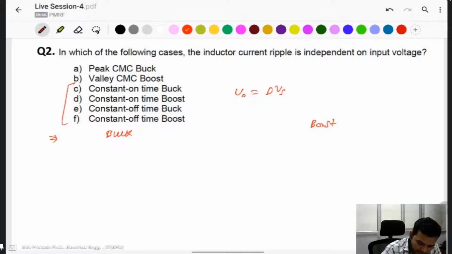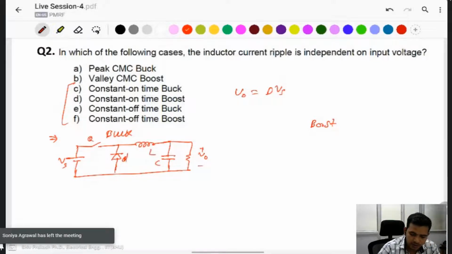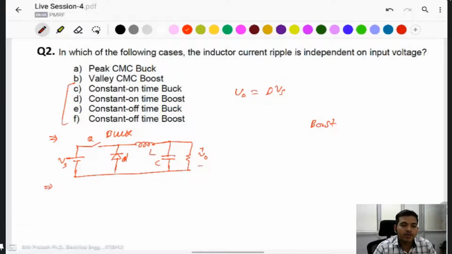If you draw the buck converter, then you find Vs, S, B, naught, C, L. So switch, this one, D. Apply here the volt-second balance equation.